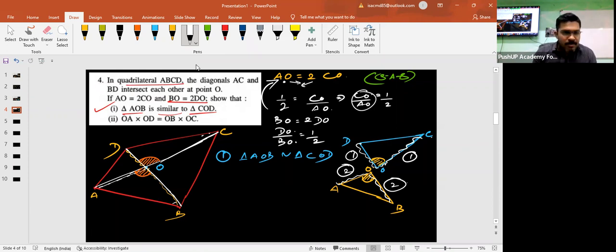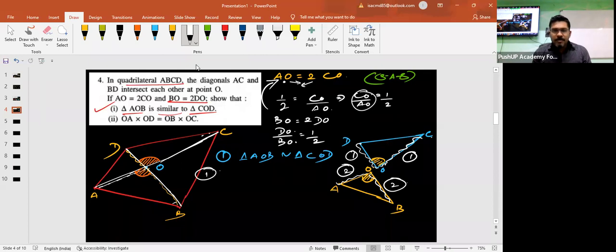Does that make sense for all? Caitlin, is that clear? So the first statement, isn't it, children? CO and AO happen to be corresponding sides. DO and OB happen to be corresponding sides. They both are in the same ratio, 1 by 2, 1 by 2. And at the same time, the included angle is also what? Equal. So we can say they both are similar to each other.